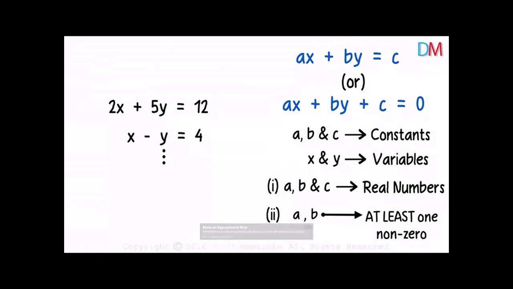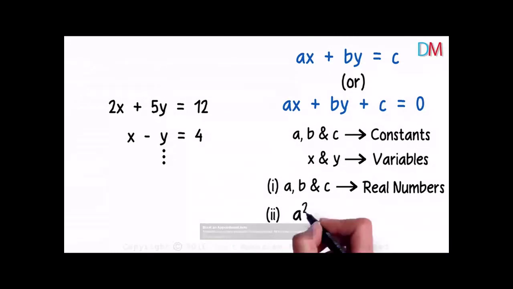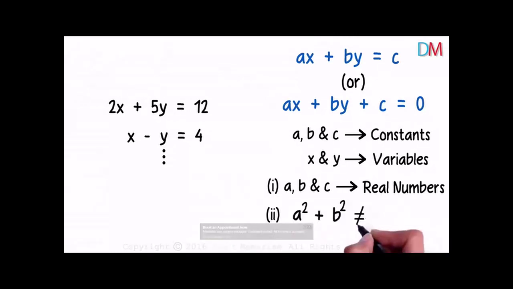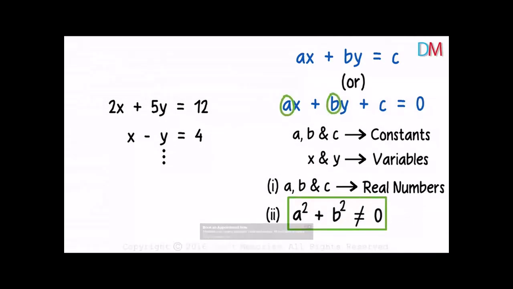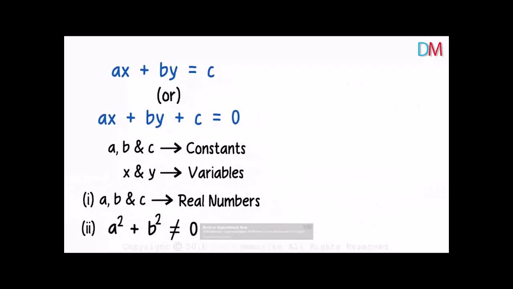It can be written as a squared plus b squared will not equal 0. This will imply that both cannot be 0 together, because if both are 0, then the left-hand side will equal 0.